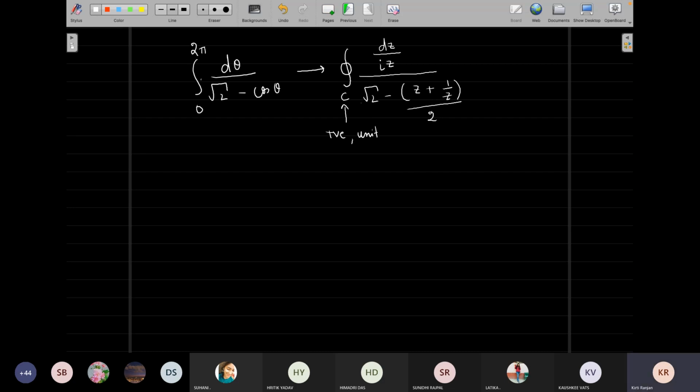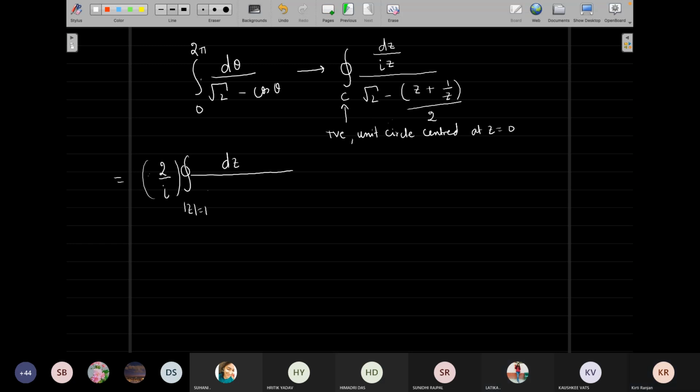Now, can you just simplify it and give me some equation in terms of dz over what? And there may be some other constant also. So any constant, with iota everything is 2 by iota.